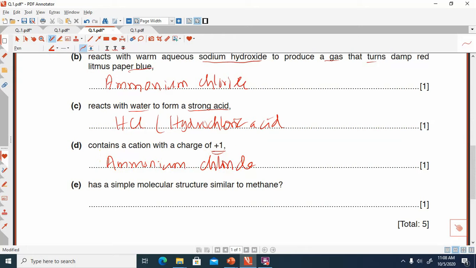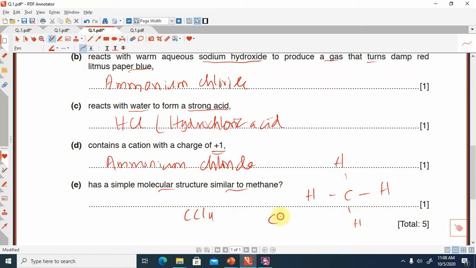Now the last one is: has a simple molecular structure similar to methane. This is the structure of methane, CH4. So which one of the following has a similar structure to methane? The answer will be carbon tetrachloride. CCl4 is called carbon tetrachloride.